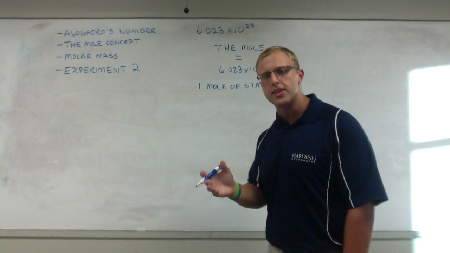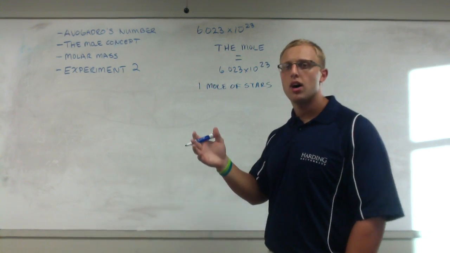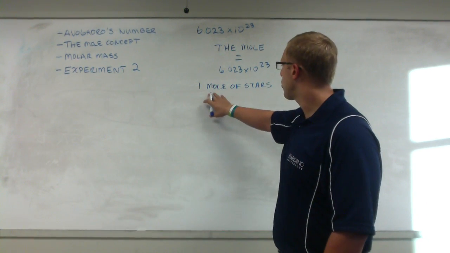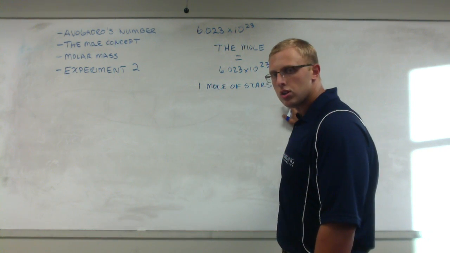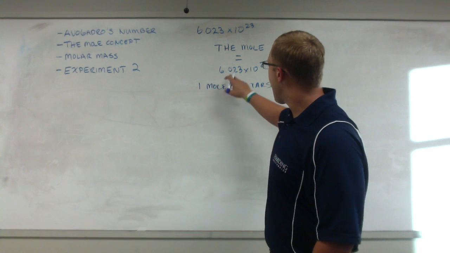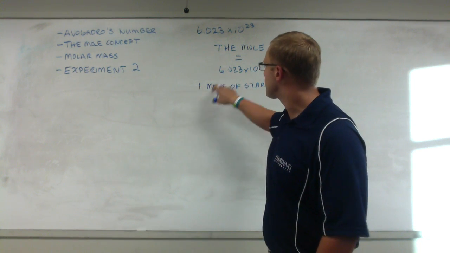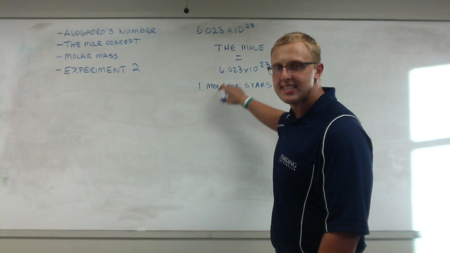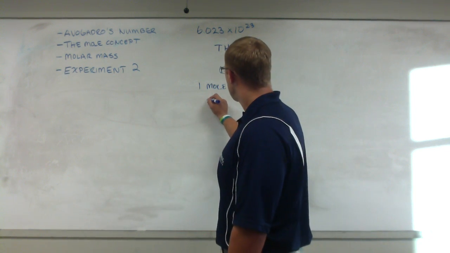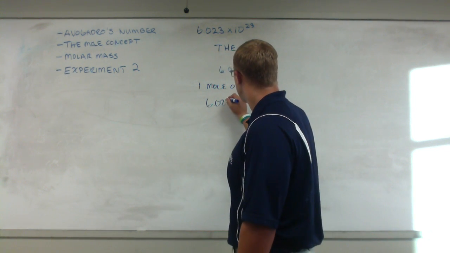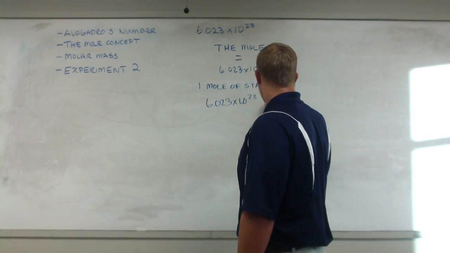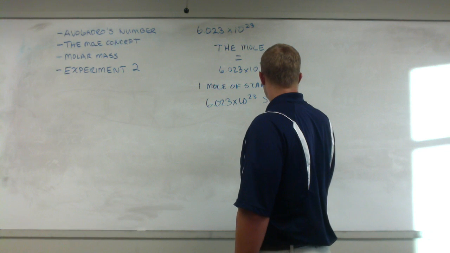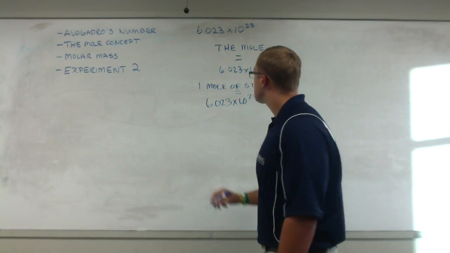You can treat units as variable quantities or algebraic quantities. So when we talk about 1 mole of stars, right, we act like 6.023 represents that. A mole represents 6.023. So then we go 6.023 times 10 to the 23rd stars. This is equal to each other.